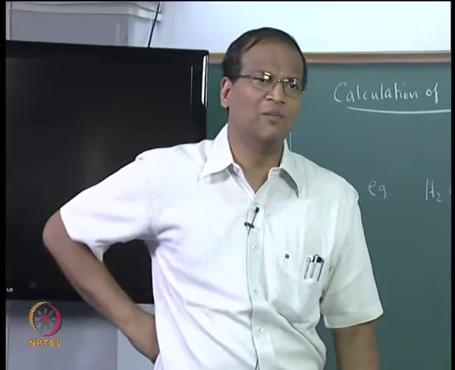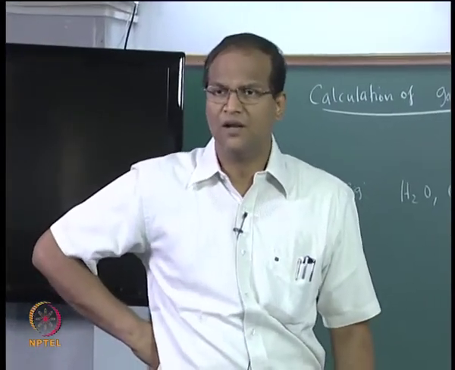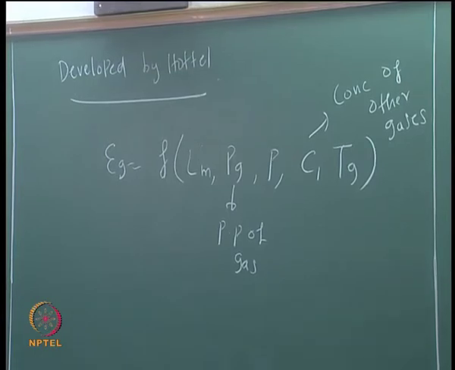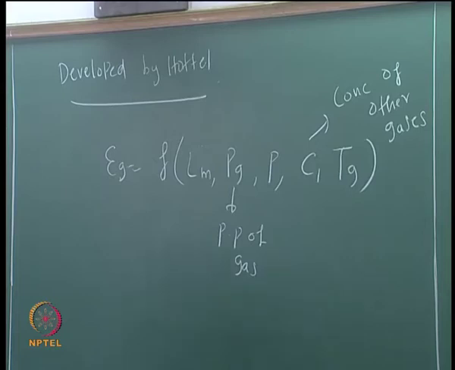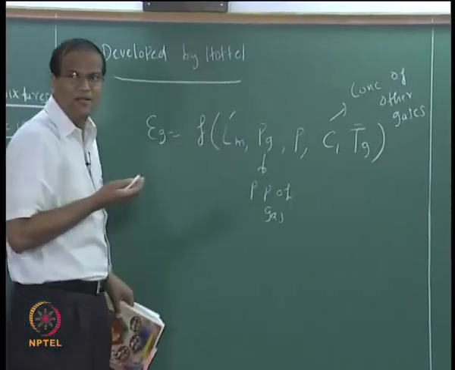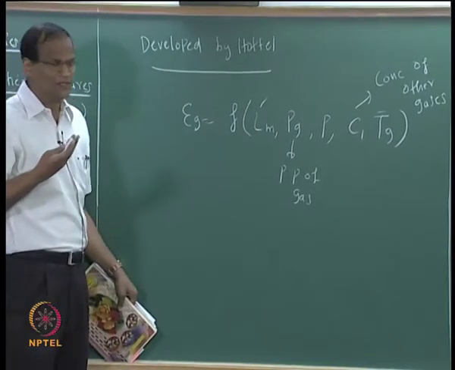Because I know that emissivity is a function of temperature, we have done it so many times. Epsilon lambda versus lambda, if I change the temperature, epsilon changes, because the f of 0 to lambda 2 minus f of 0 to lambda 1 changes. So it should be a function of mean beam length, correct, there is no doubt about it.